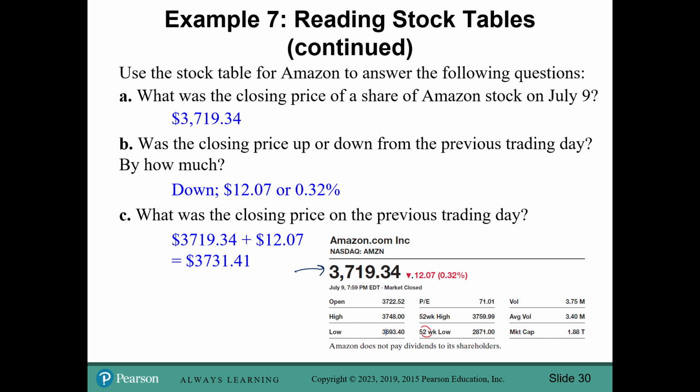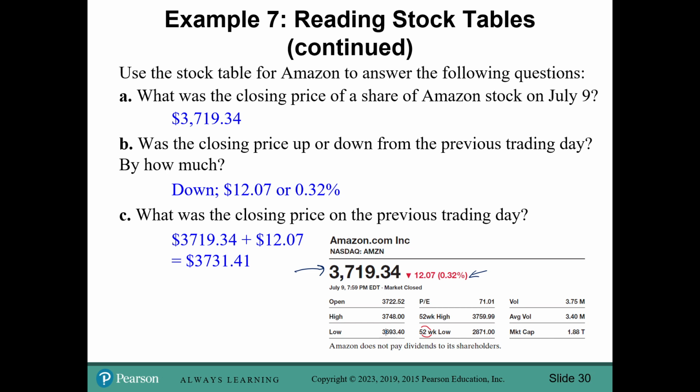Was the closing price up or down from the previous trading day, and by how much? Well, like I said, we got a red arrow here indicating it was down. It was down by $12.07 or 0.32% right there. It says it right next to that closing price. What was the closing price on the previous trading day?